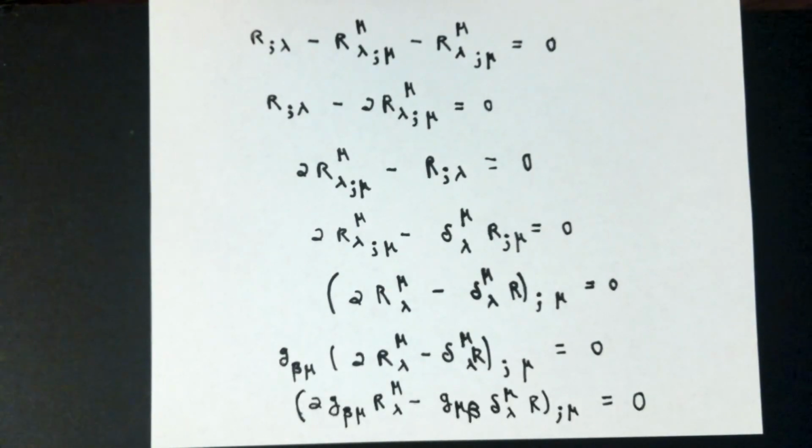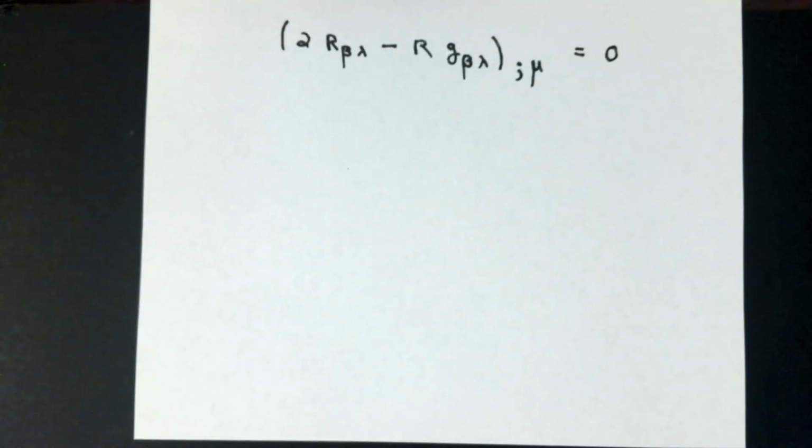Using the usual trick, I can bring g beta mu inside the covariant derivative, and then one last time we'll use the raising and lowering index behavior of the metric to write this in a form that you may have seen before. This shows that 2R minus scalar R times the metric tensor is divergence free.